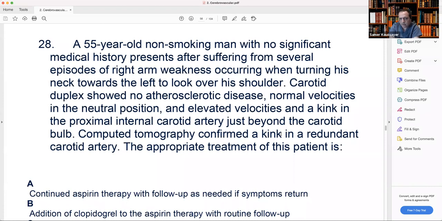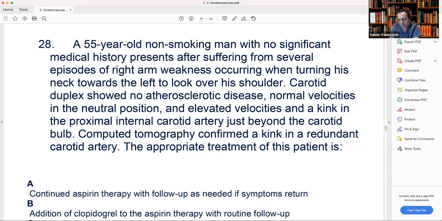And second, something to confirm that it's coming from there, like what they did here: they changed the head position and you see the elevation of velocity. But if you see symptoms and a kink alone, you cannot tell 100%, because symptoms can come from anything else. Maybe from intracranial disease, maybe emboli from AFib, maybe a plaque in the arch. So TIA with a kink alone cannot tell you the TIA is coming from there.